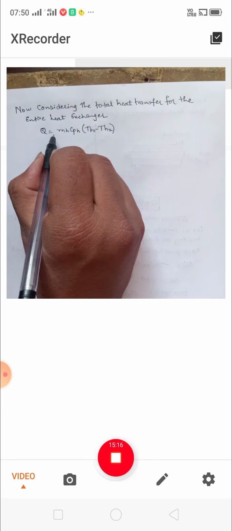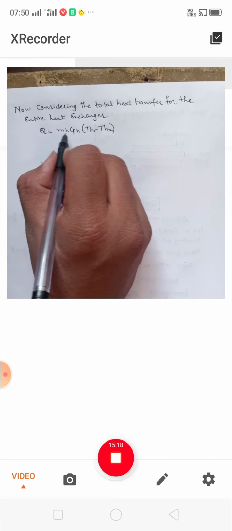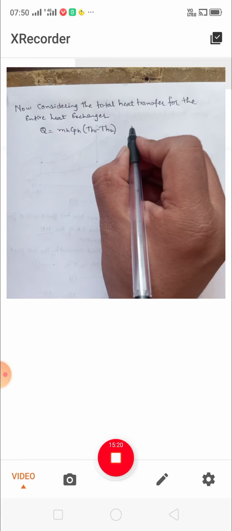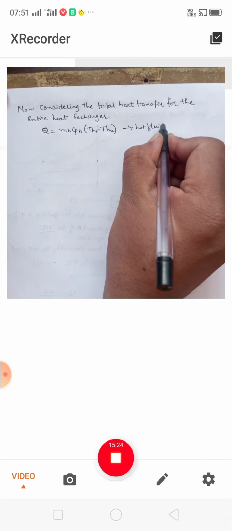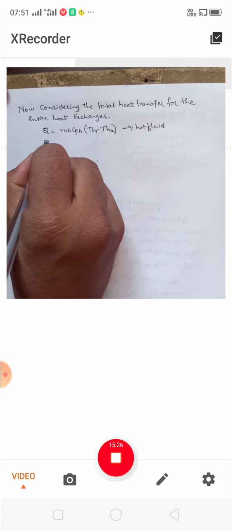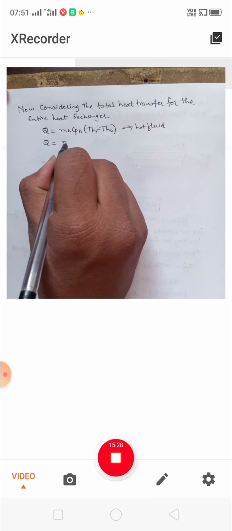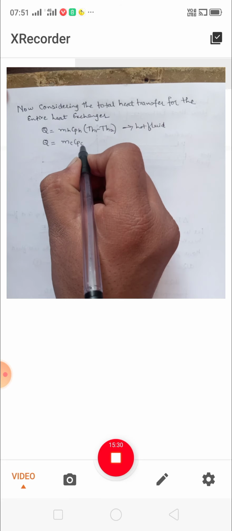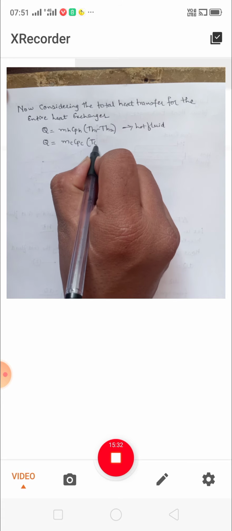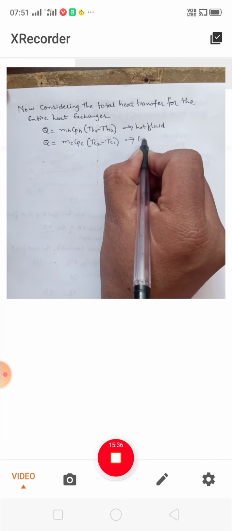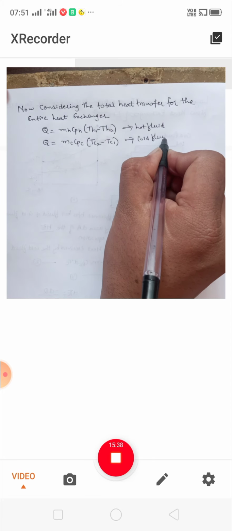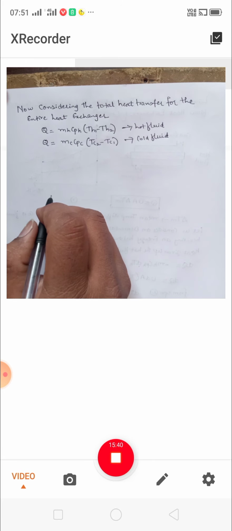So this is the total heat transfer for the entire heat exchanger. This is written for the hot fluid. So let me write the equation for the cold fluid. It will be mc into cpc into (Tc2 minus Tc1). This is written for the cold fluid.